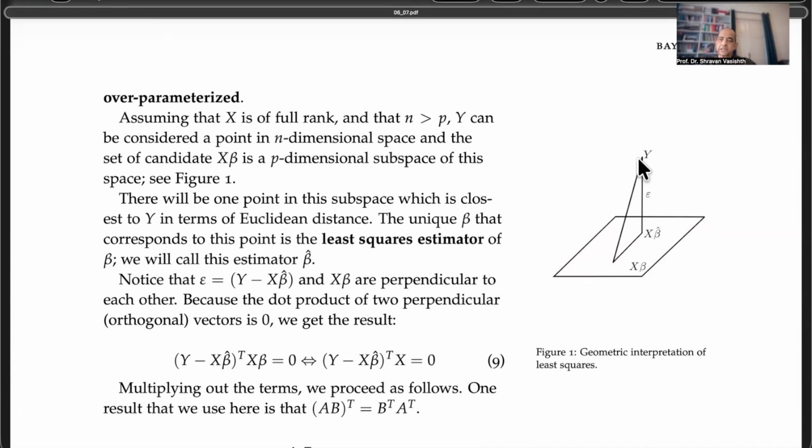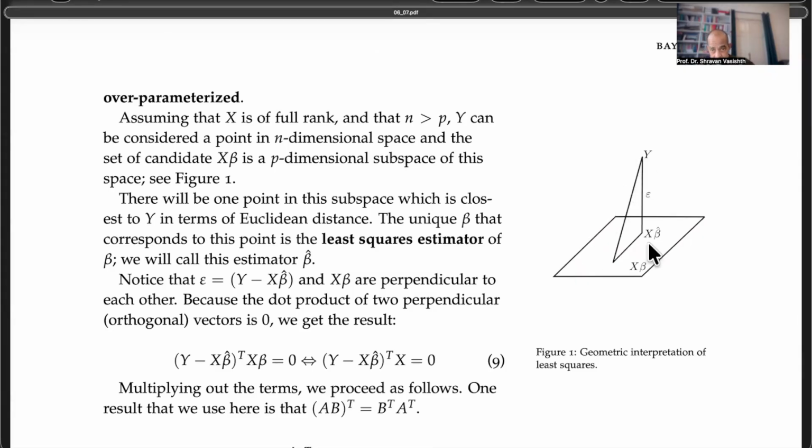So when will that distance be minimized? If I drew a line to this part of the subspace, I would not have the minimum distance. If I drew a line from here to here, I would not have the minimum distance.